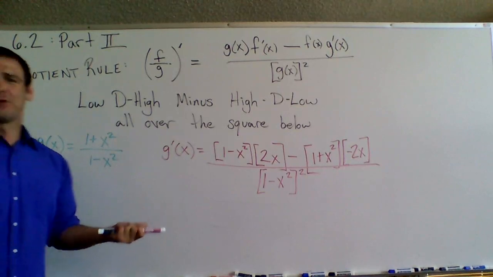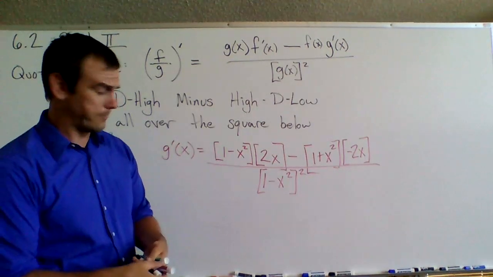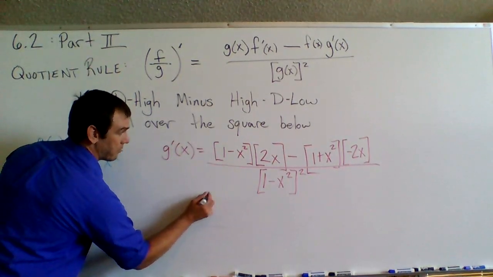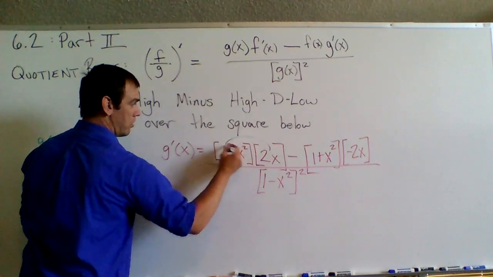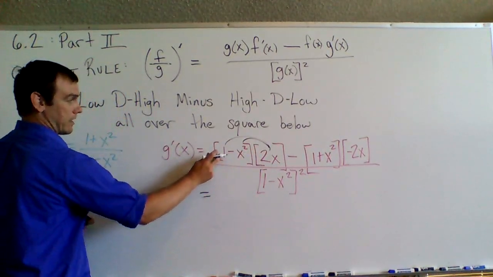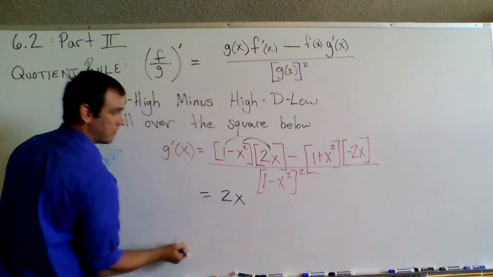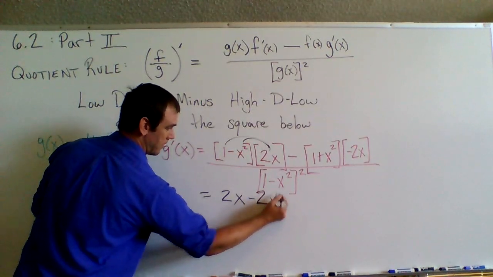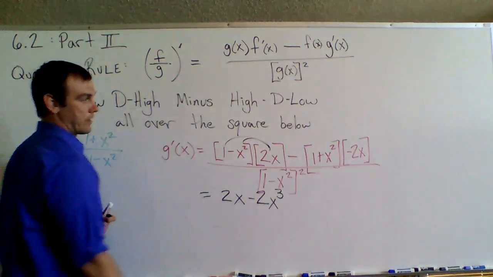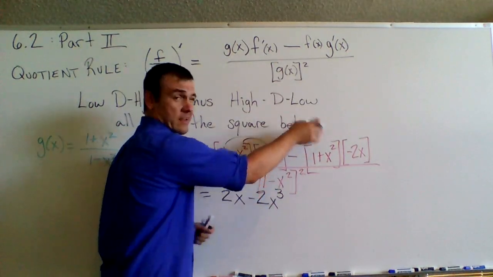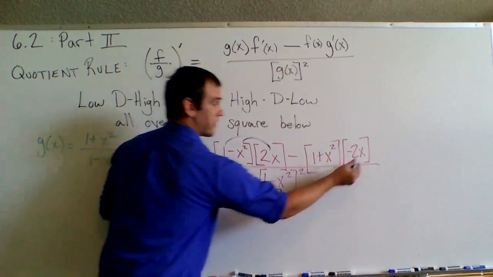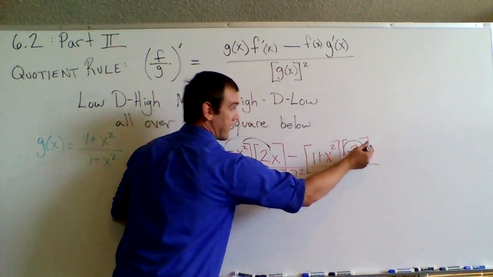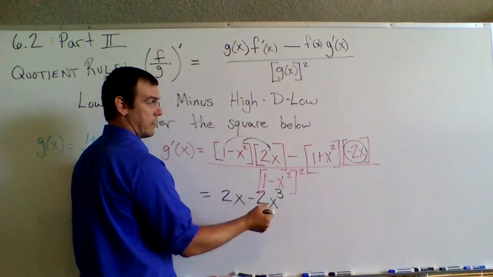Okay, so of course we can't be done there. You guys got to clean it up. So when we clean this up, I got to distribute. So I'm going to get a 2x minus 2x to the third. Okay, so here, guys, we're going to subtract all of this. This was a negative 2x that I'm going to distribute.